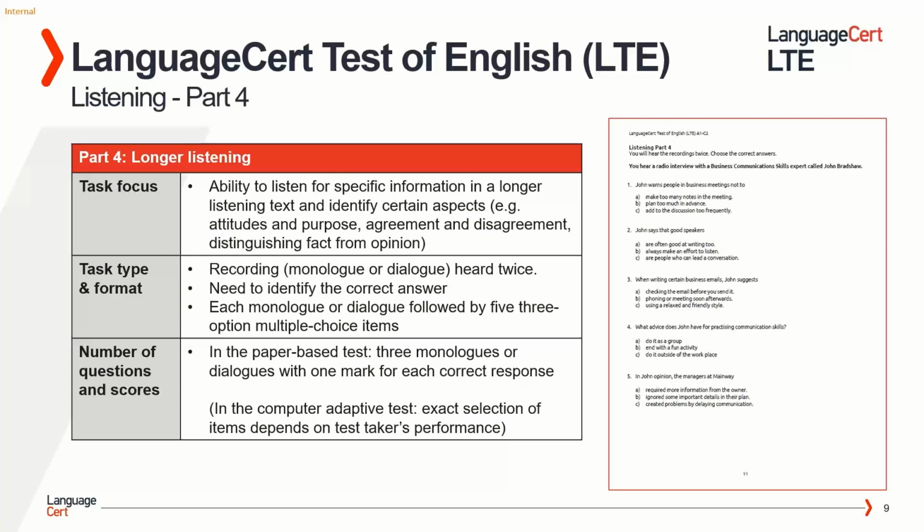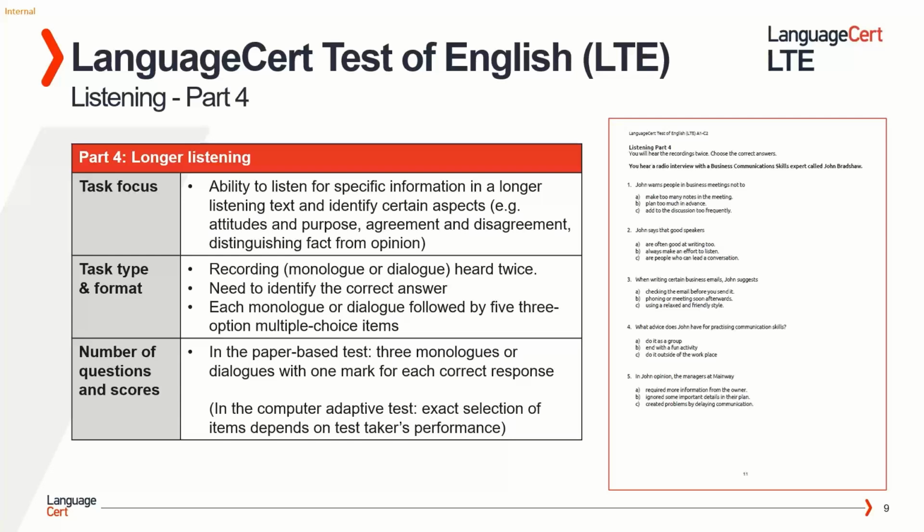This sample is representative of Part 4, which aims to assess ability to listen for specific information in a longer text and identify certain aspects, such as attitudes, purpose, agreement or disagreement, or distinguishing fact from opinion.